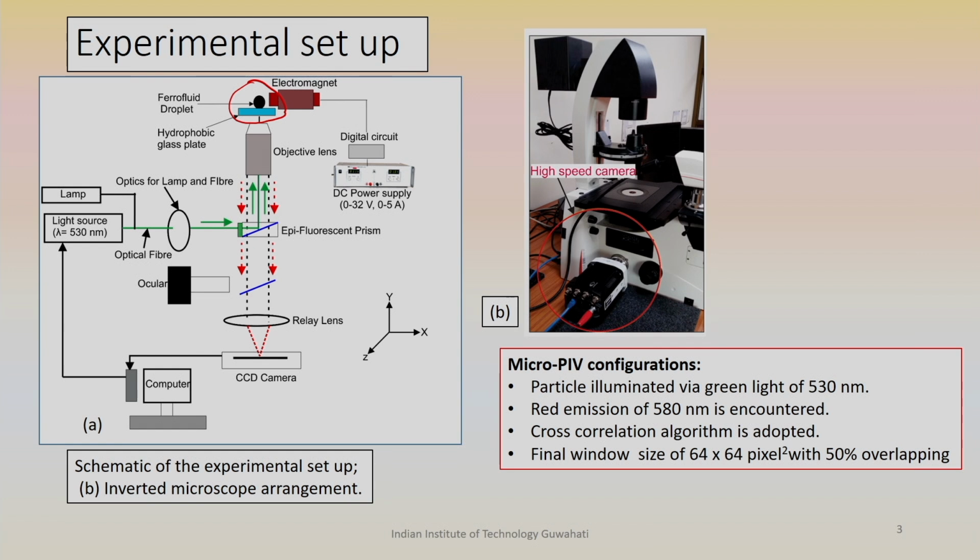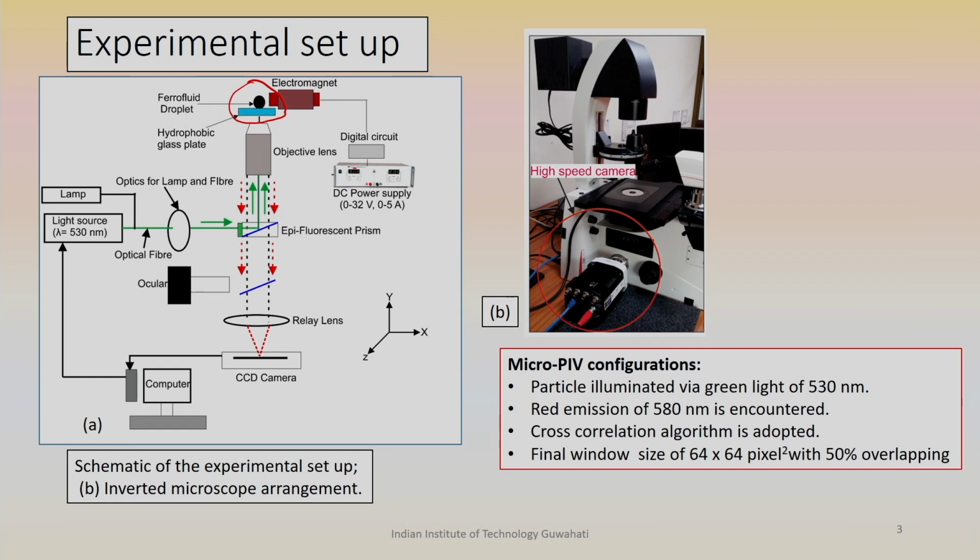Now, that object is a drop, a ferrofluid droplet. So, we are illuminating the droplet flow field, the internal flow field of the droplet. Why are we calling it a flow field?